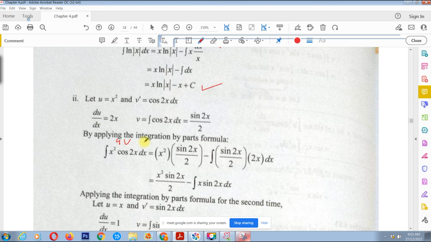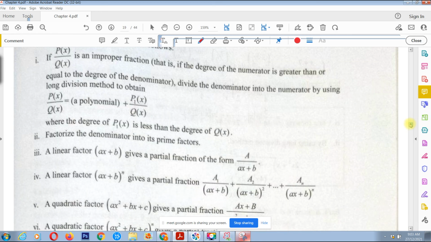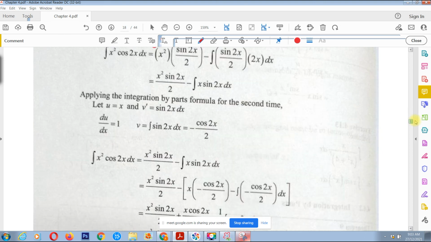You get uv minus integrate v du. Here we need to apply by part two times, because there is a square. If you get cube, you need to use it three times. And then after that you get the answer.